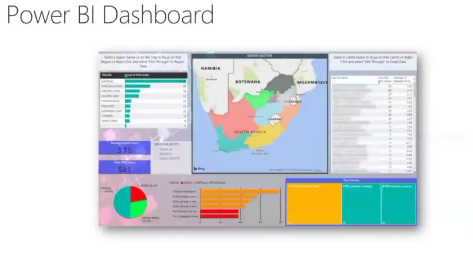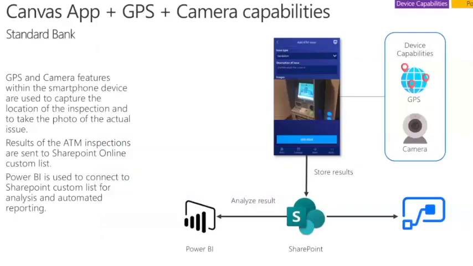One of the things that made this scenario successful for Standard Bank is that they had a simple object model for their app. They had simple issues and images that they needed to handle.